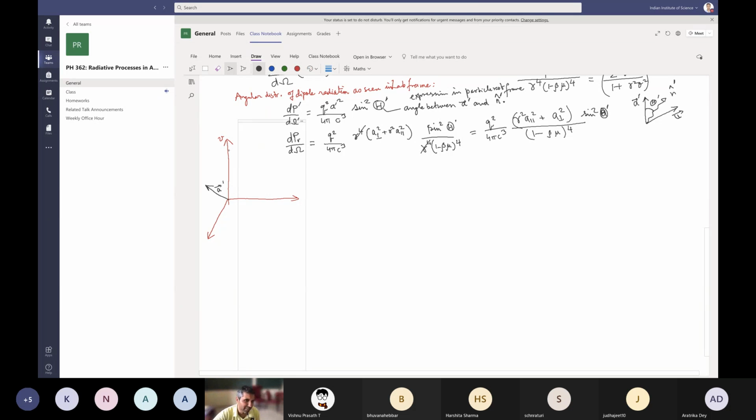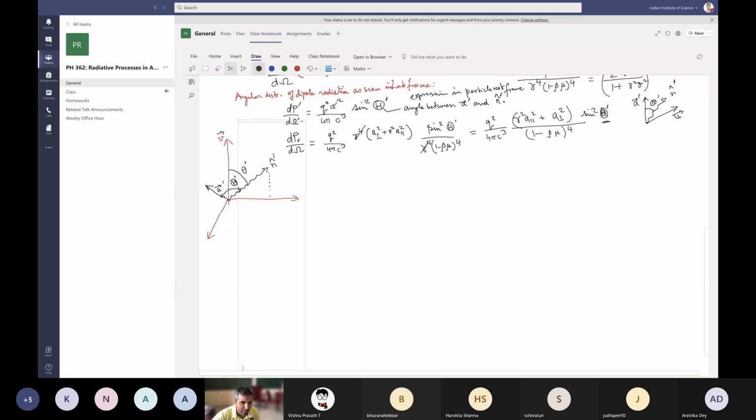This is the particle velocity, and this is some photon direction n hat prime. This angle is theta prime, the angle between the particle velocity and the photon direction. The velocity v, a prime and n hat prime do not lie in a plane, so this angle is capital theta, the angle which goes into this expression.